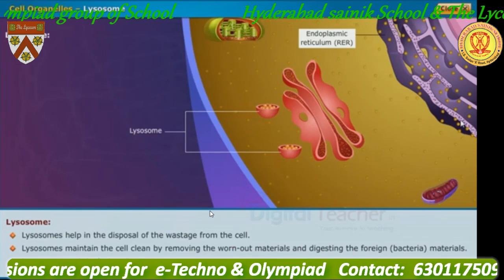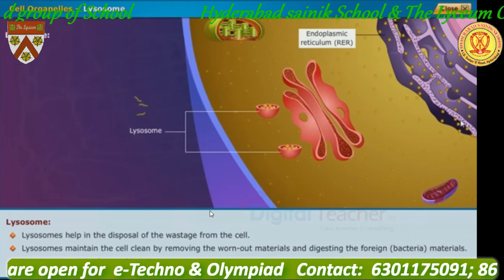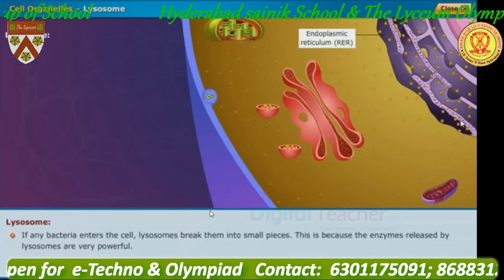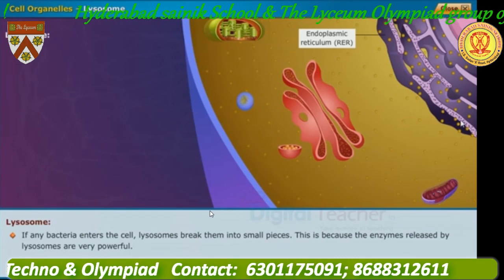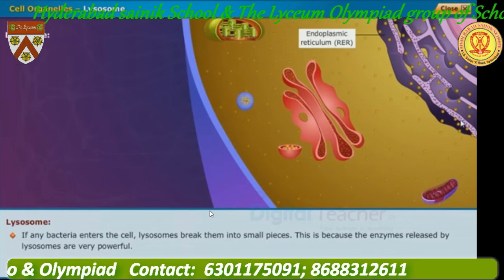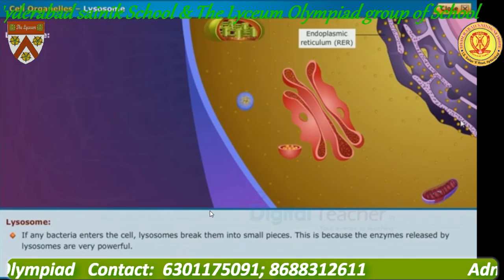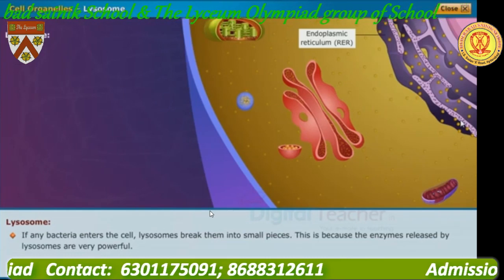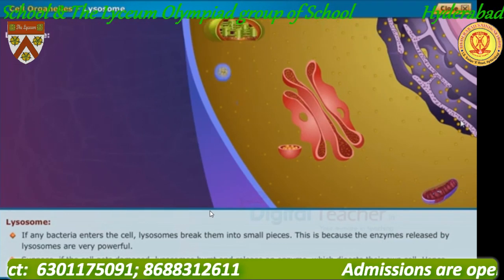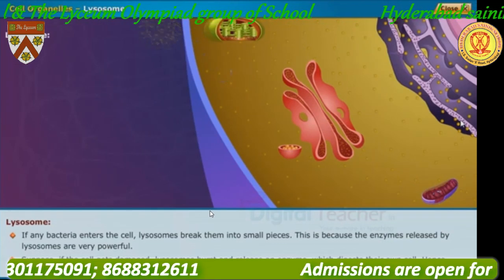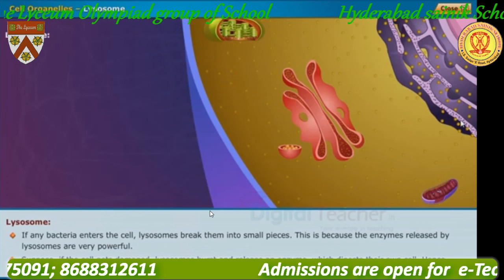Lysosomes contain destructive enzymes. If any bacteria enter the cell, lysosomes break them into small pieces. This is because the enzymes released by lysosomes are very powerful. Suppose the cell gets damaged, lysosomes burst and release enzymes which digest their own cell.